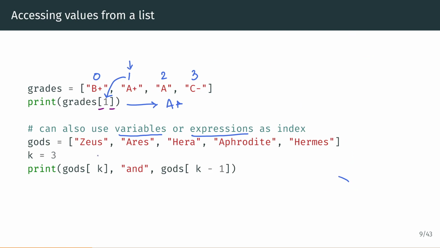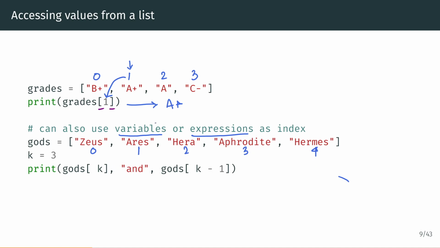So in this example, we have a list called gods, and it contains 5 elements. The indices are as follows. Zeus is assigned the index 0, Ares is index 1, Hera index 2, Aphrodite 3, Hermes is 4. That's our indices.